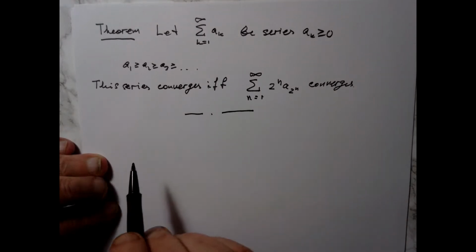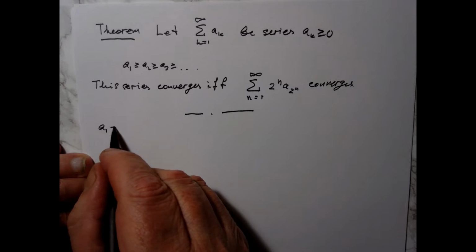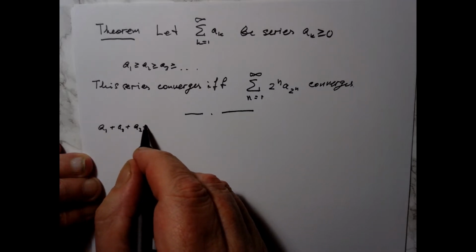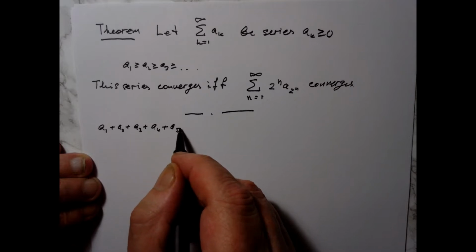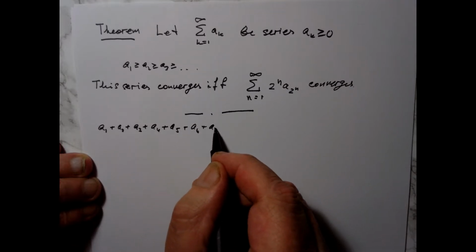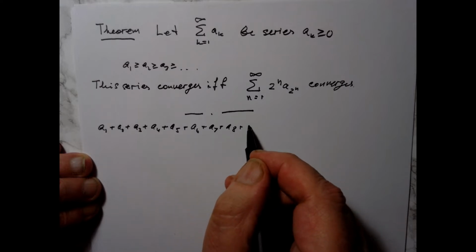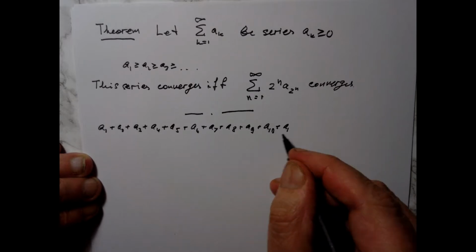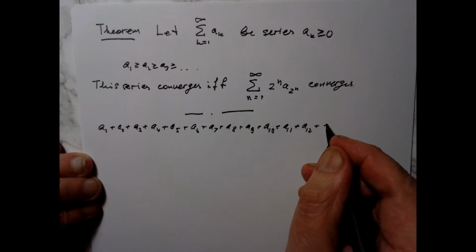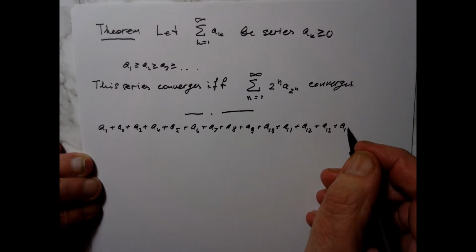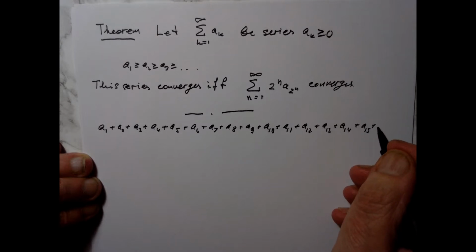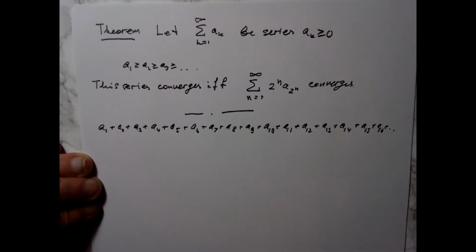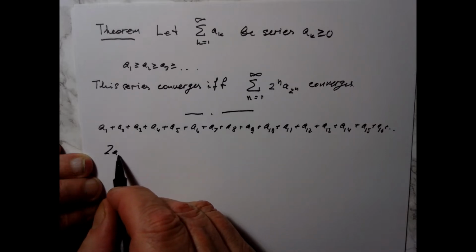So again, just to write it down, I have the series that looks like this: a1 plus a2 plus a3 plus a4 plus a5 plus a6 plus a7 plus a8 plus a9 plus a10 plus a11 plus a12 plus a13 plus a14 plus a15 plus a16 plus etc. So this is a series of a's, and if n is equal to 1, then I'm going to take 2a2, right?